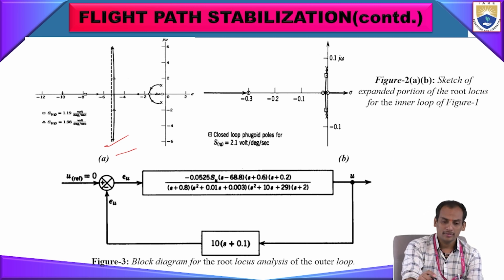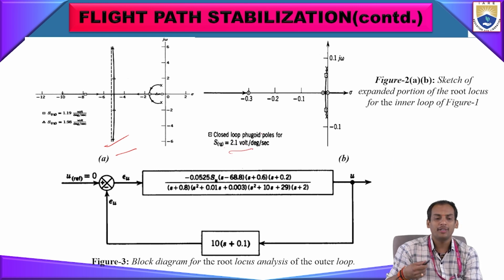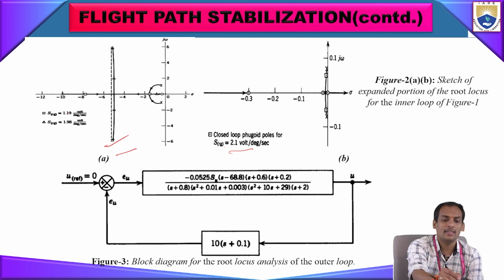There the pole values are almost constant, and the imaginary values are given here. Same as this, here also the root locus plot for the rate gyro gain is given here. That is around 2.1 volt here. In the earlier one we made it for 1.19 to 1.98. So here it will be 2.1 volt.